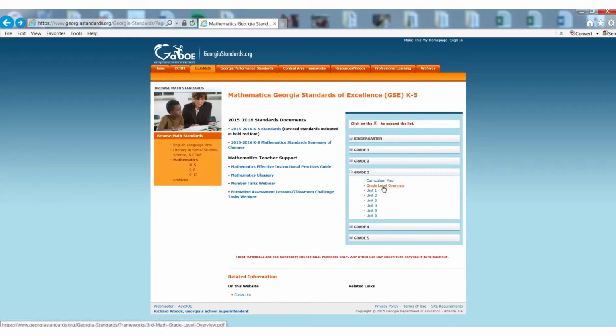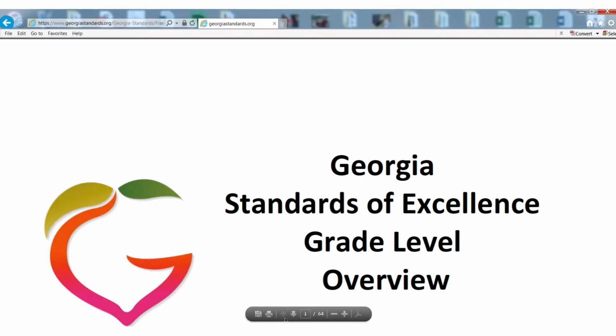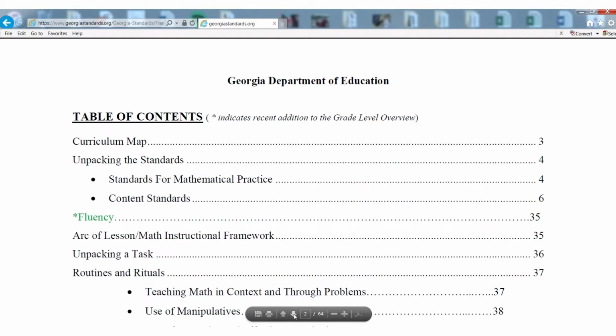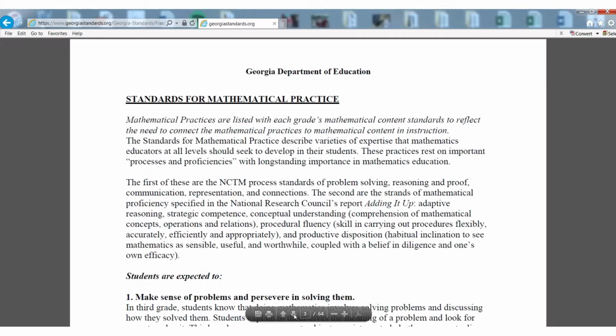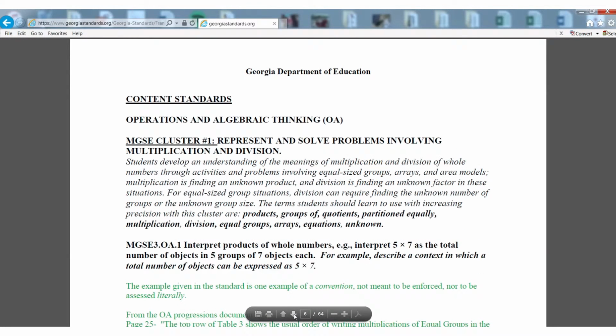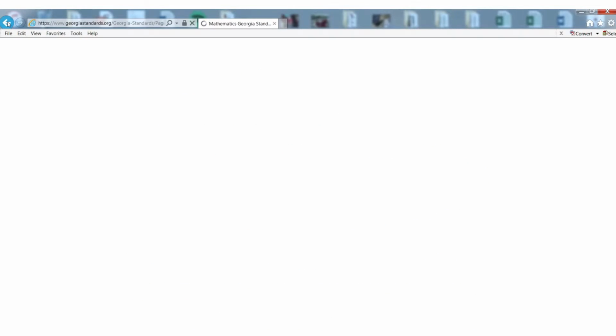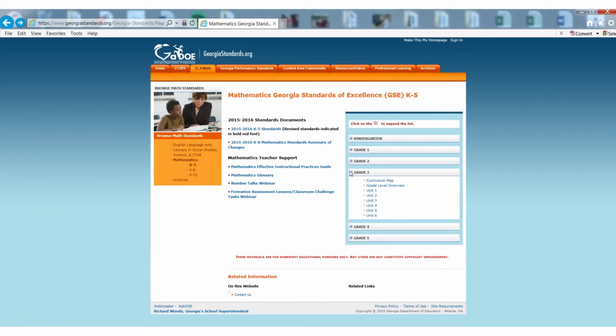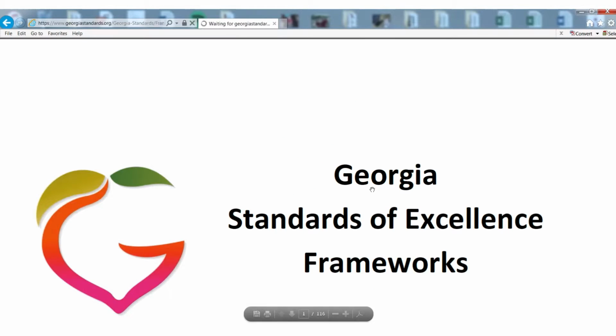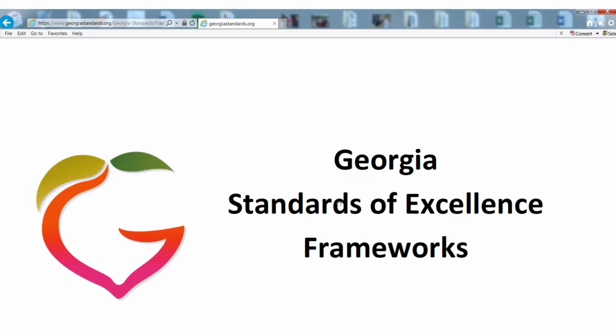Then continuing, there is a general grade level overview document. These can be fairly long but can be very helpful as you go about looking at all of the standards. And you can take a look at each of those, but it is also broken down into each of the units. These units are known as frameworks, and the frameworks are somewhat like the textbooks that we used to have as students.